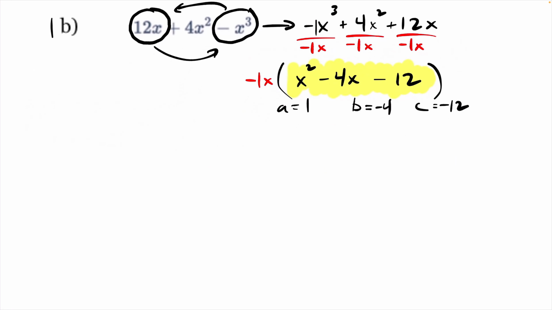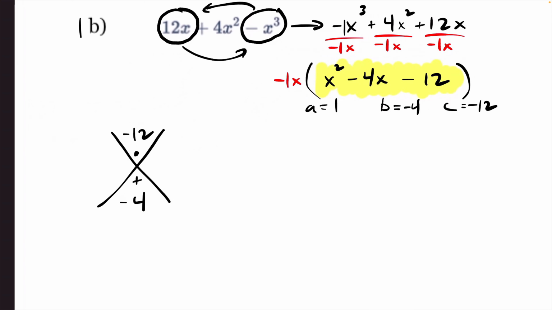Okay. A times C, 1 times -12 is -12. B, -4. So again, X game. This is the mental math part.